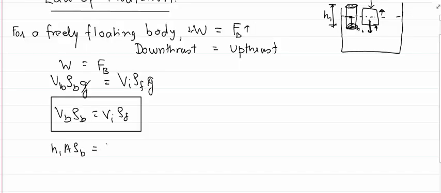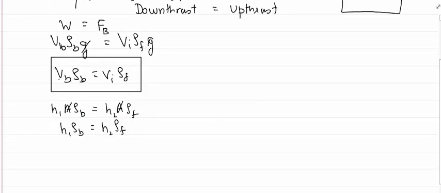Whereas the immersed volume will be the height h2, which is immersed, into the cross-section area, remember the area remains same, into rho f. So A will get cancelled out and we will get h1 rho b is equal to h2 rho f. This is another variation of the same equation which we use if the cross-section area of the object is the same throughout. So we have to keep that in mind. I can use this only if the cross-section area is the same throughout.